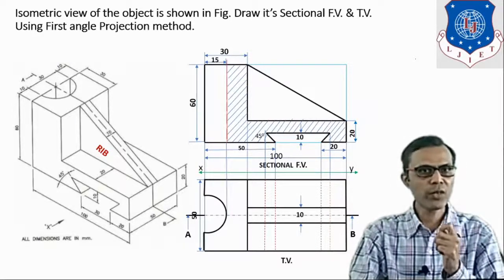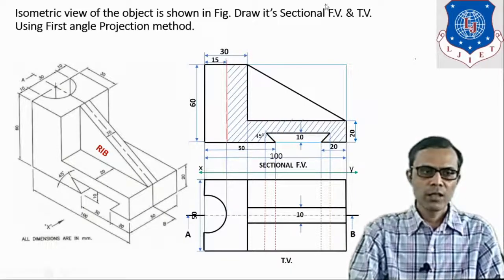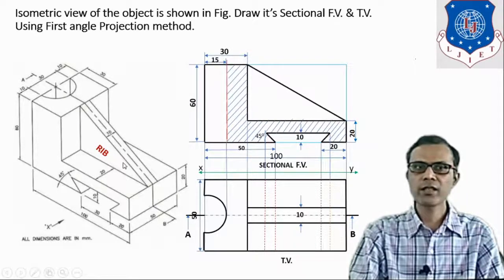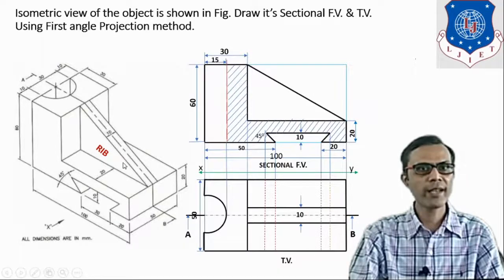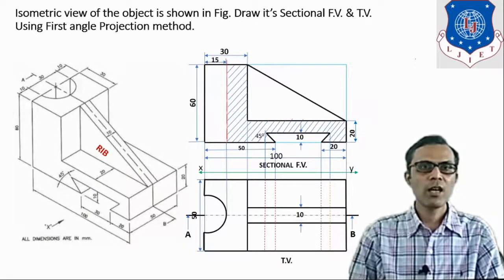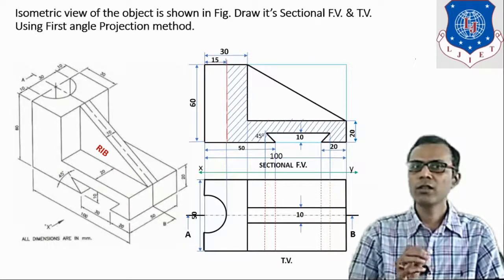One important point you should notice is that this rib is also cut while taking section, but as it is cut along its longer section, according to BIS, if a rib is cut along its longer section, then hatchings are not to be drawn on that surface.